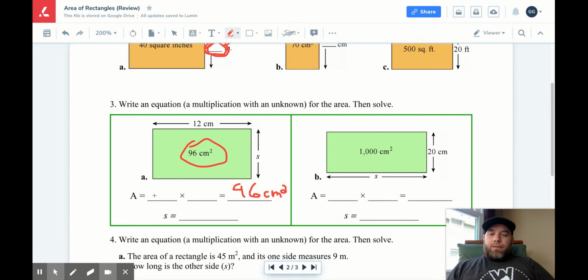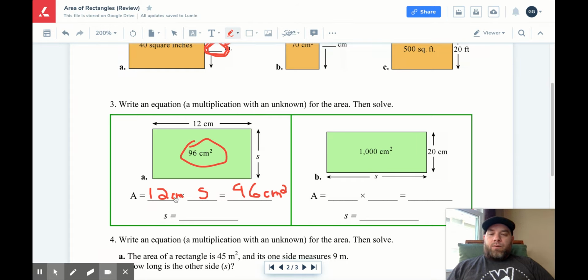So area is going to equal some number times another number. And I have one of my numbers right here, I have 12. And if I'm writing an equation, I'm writing that S there. That S is my unknown, and I want to solve for S. So 12 times S equals 96.